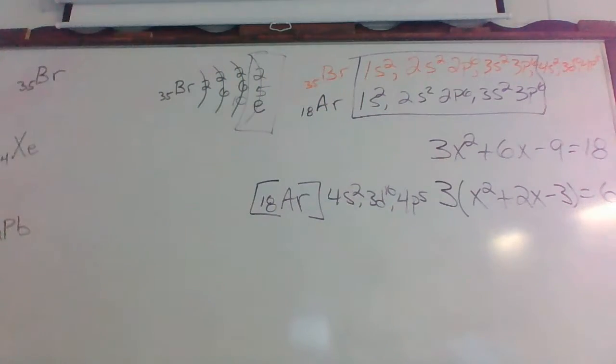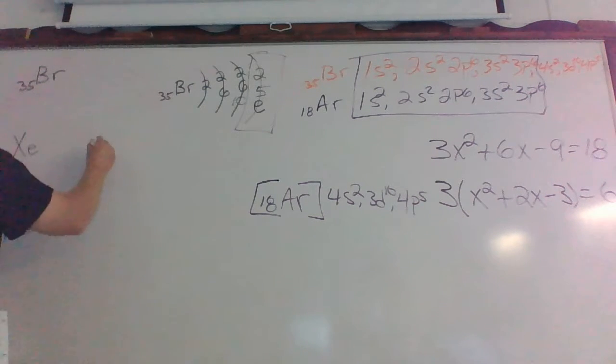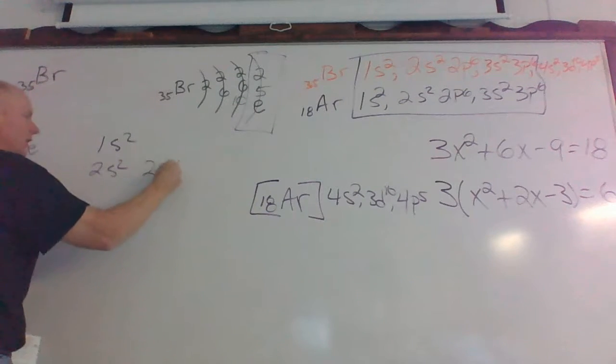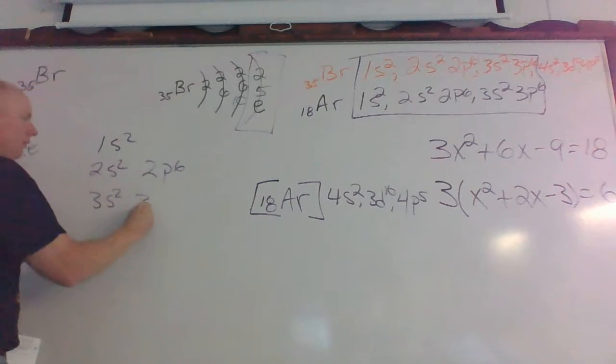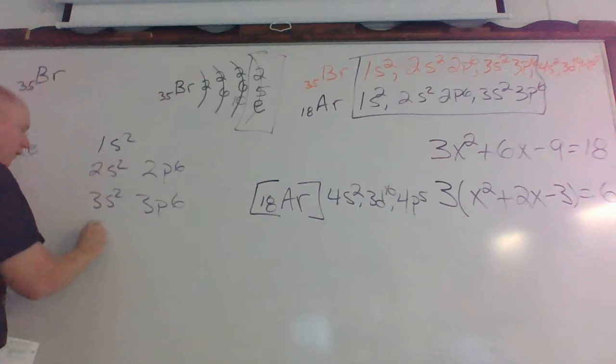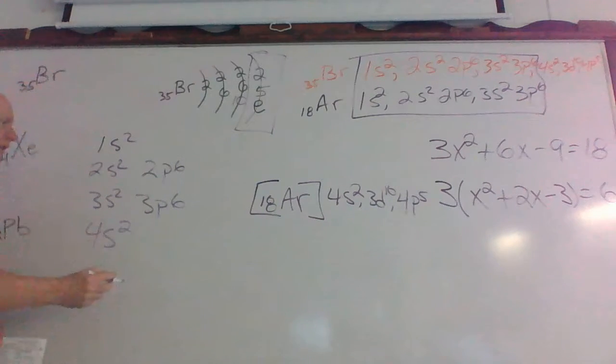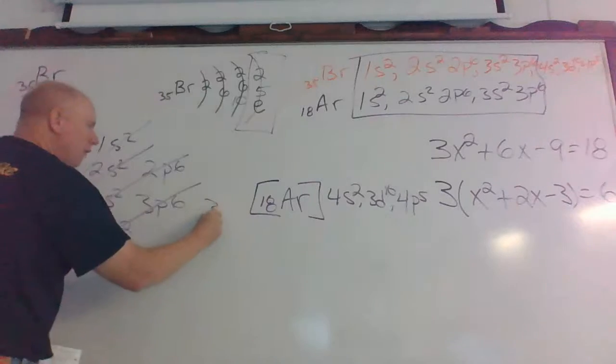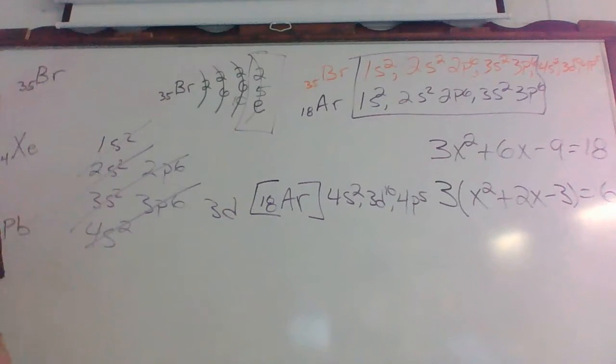Because remember, when you get down to that spot, that's why we use that slide rule. 1s2, 2s2, 2p6, 3s2, 3p6, 4s2. Okay? So what that means, remember, is that this 4th energy level fills up before that 3d10.